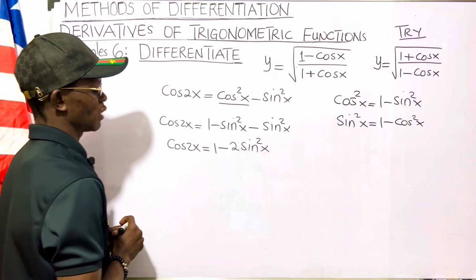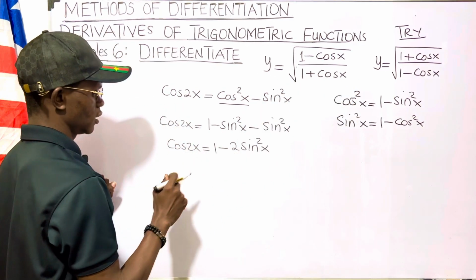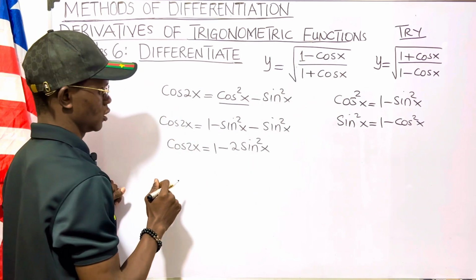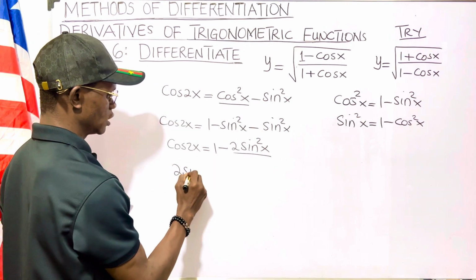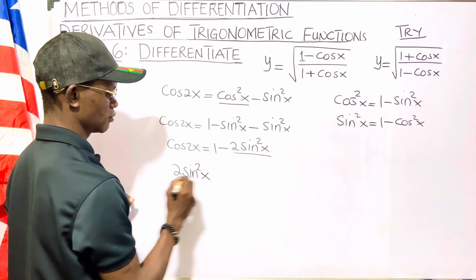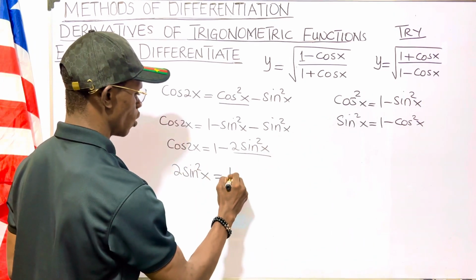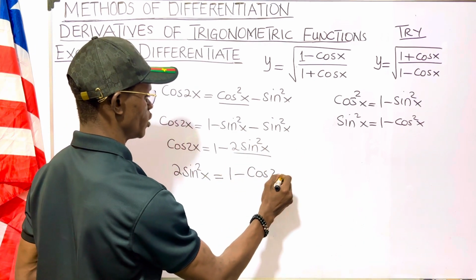Now what we see here is 1 minus cos of x. So if we send this term across, we're going to have positive 2 sine square x, and this will be equal to 1, and if cos goes across, it becomes 1 minus cos of 2x.